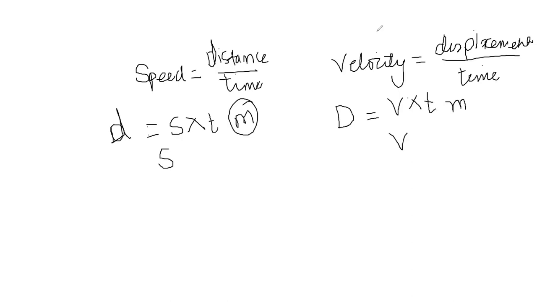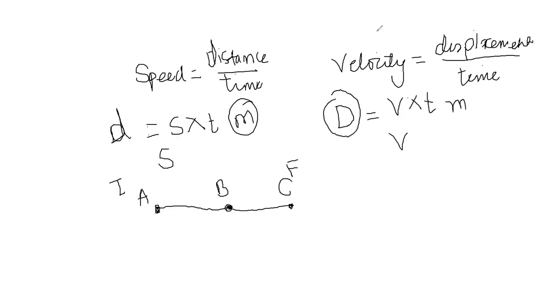If I consider point A, point B, and point C, from point A to point B and point B to point C, now the displacement is from point A to point C. I will consider this one as an initial point and this one as a final point.